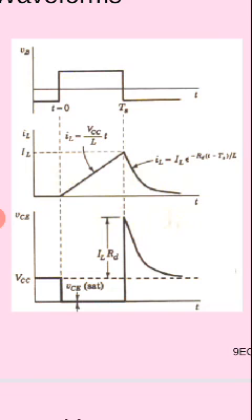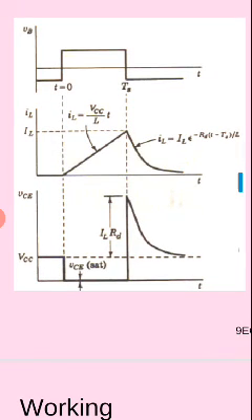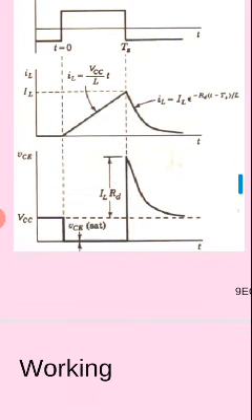Hence, the current starts flowing through the inductor. That current goes on increasing with respect to time, that is shown here. Hence, the current is increasing linearly with respect to time. That is represented as IL equal to VCC by L into T.